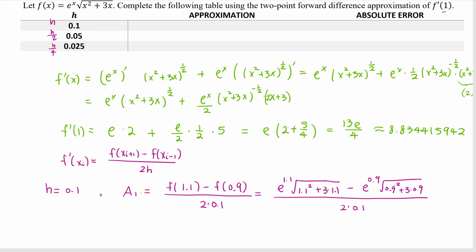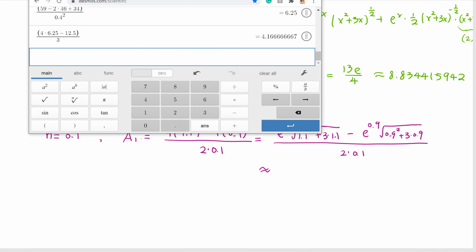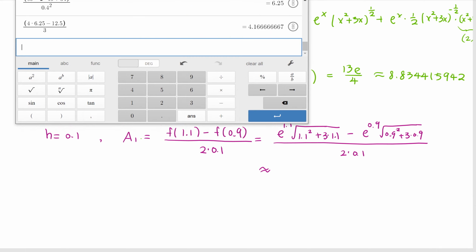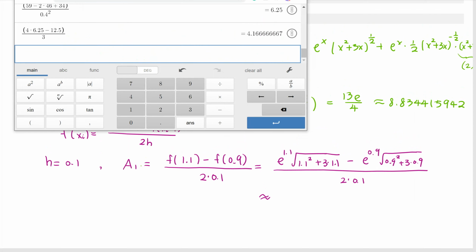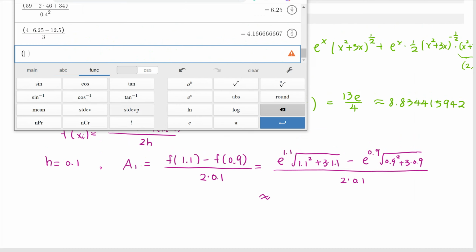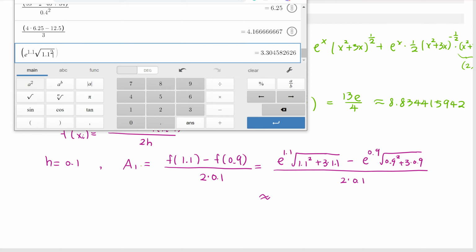Okay, now let's plug this in our calculator. Okay, so calculator, where are you? Here. Okay, then I can see it. So we have parentheses e to the 1.1 and then square root of 1.1 squared plus 3 times 1.1.